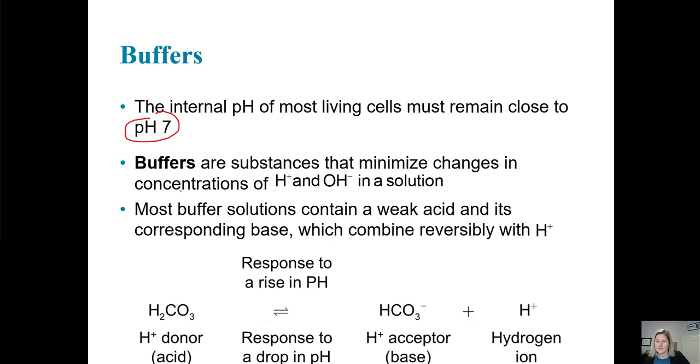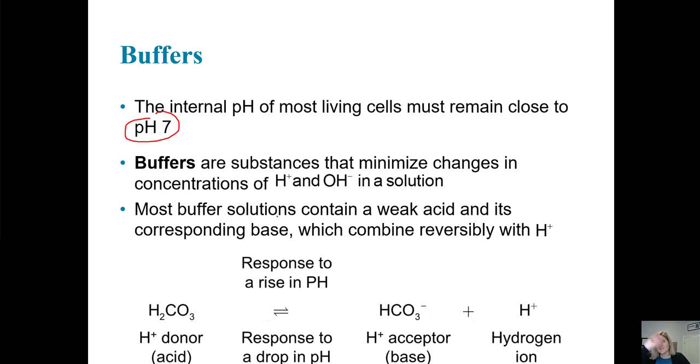So here's an example. We have H2CO3. H2CO3 is going to be able to get rid of hydrogen pretty easily. So in response to a drop in the pH, where we have a lot of hydroxyl ions or negative ions in there, it can donate hydrogen ions to the solution to bring up that pH.